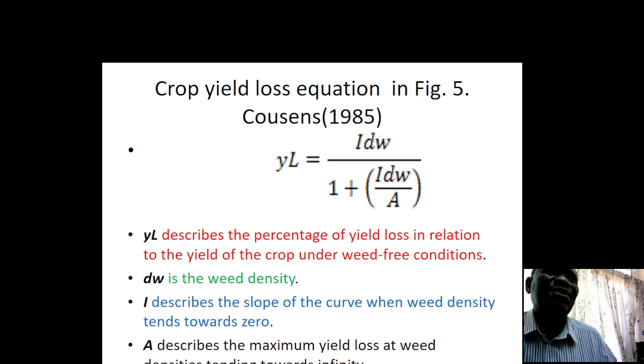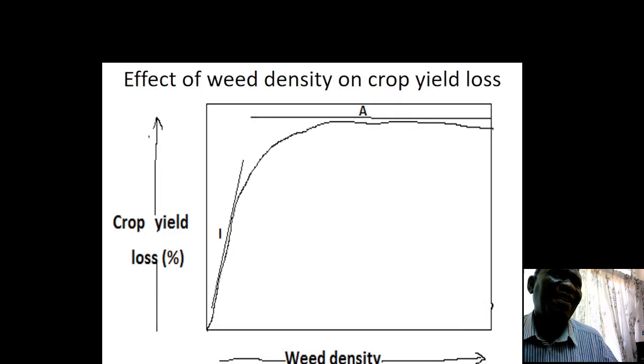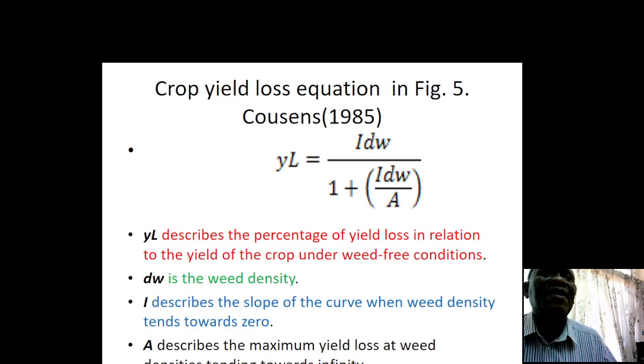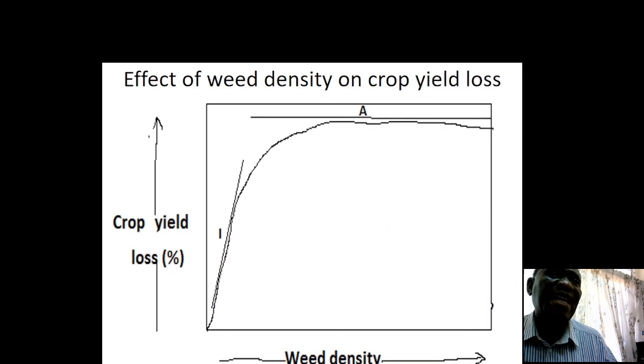YL is the yield loss, equals I, which is the slope we get from this graph, and the A again from that graph, and the DW on the graph is represented by the weed density.